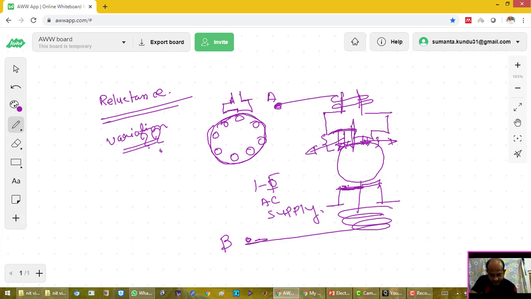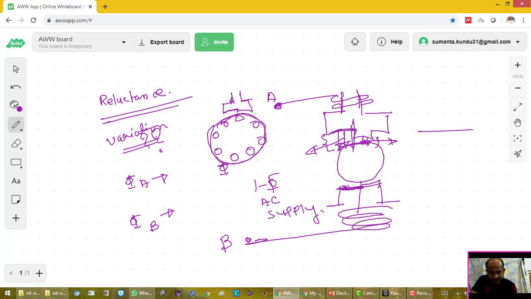Suppose one flux is phi A and another one is phi B. The phi A flux, where the air gap length is more, will be in phase with the current.